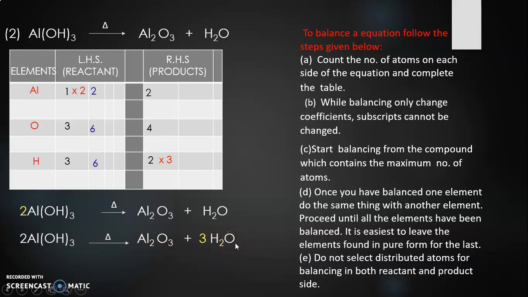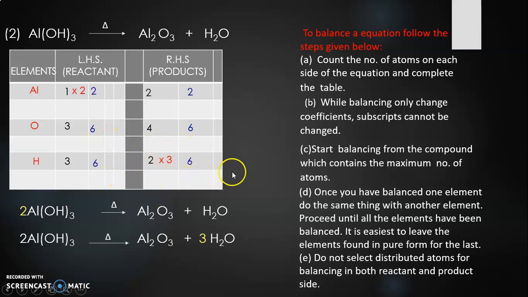Let's count the atoms again. We have 2 aluminium, 3 plus 3 oxygen, 6 oxygen, and 3 2s are 6 hydrogen. So what do we see? That the number of atoms of each element on both the sides, that is reactant as well as product, are now equal.